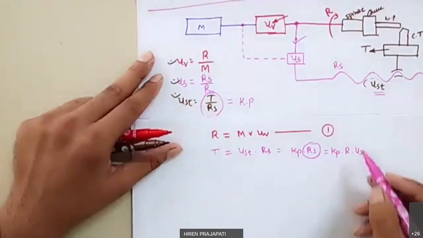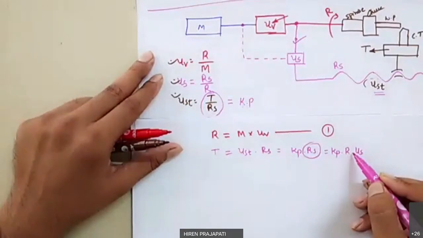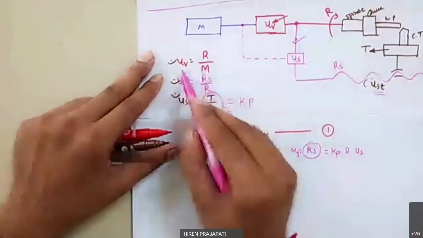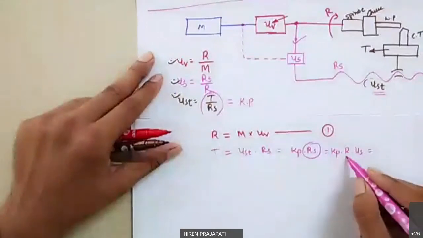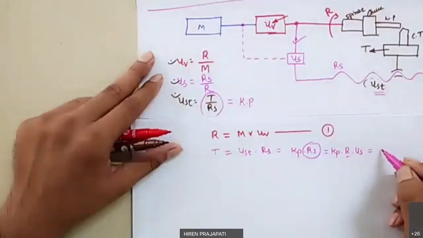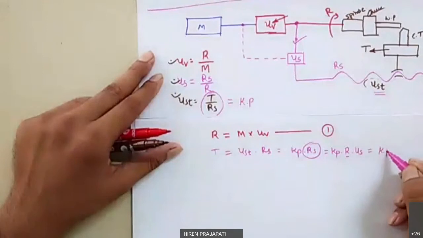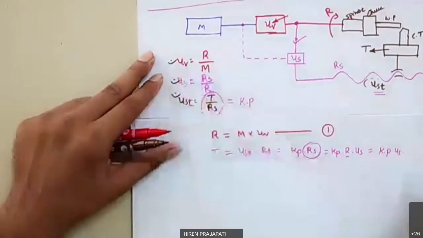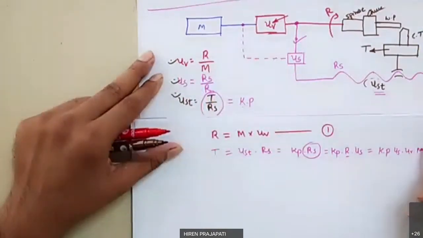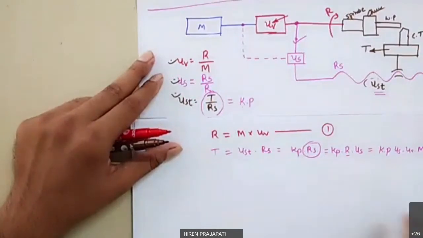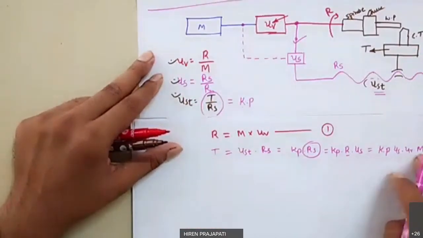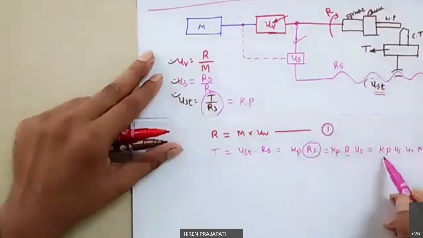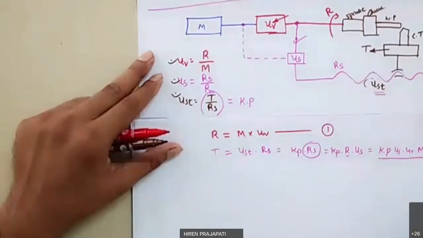Now what is R? R is M into UV. So T is equal to Kp US UV into M, right? So this is what we get, the translation actually. This carriage translation we can find out by this equation. So this I call 2.